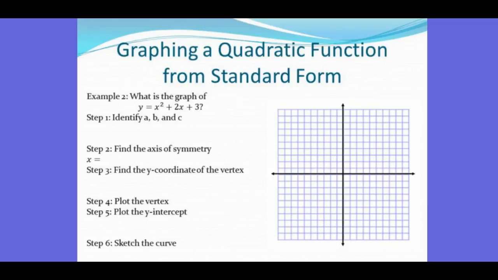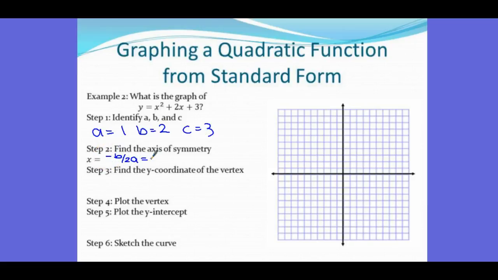Identify A, B, and C. Because if you know A, B, and C, then you're going to be able to find H and K. And when we know H and K, we can get our graph, because we know how to make a table starting with H and K. So the H value is the opposite of the B value.